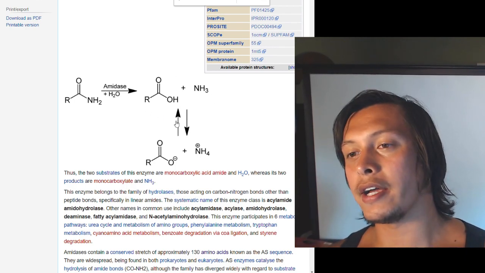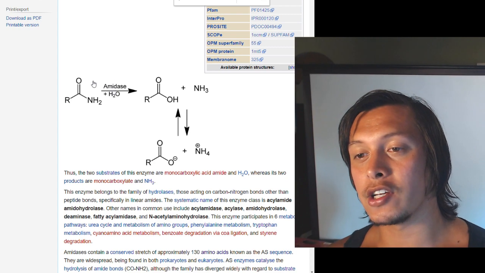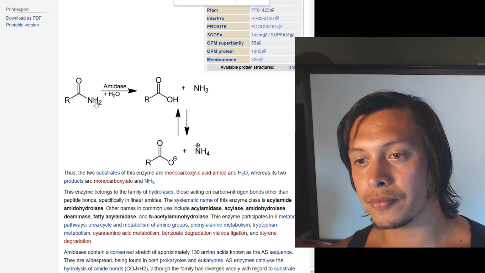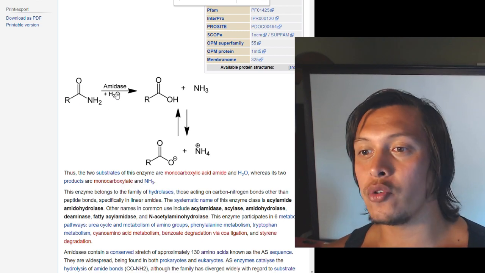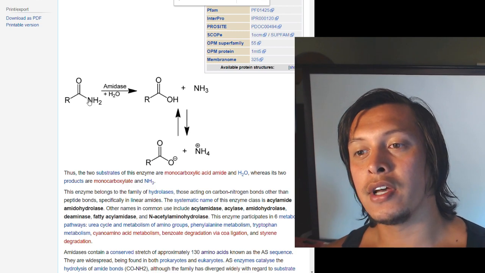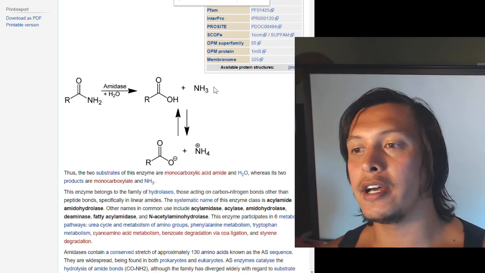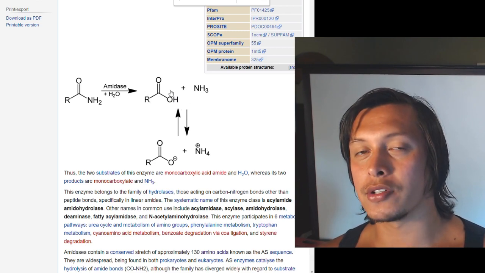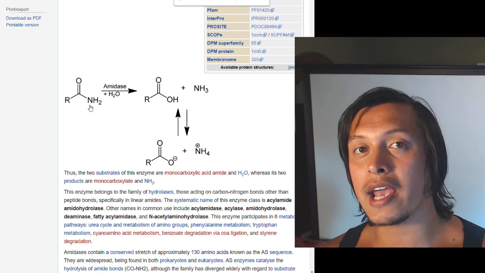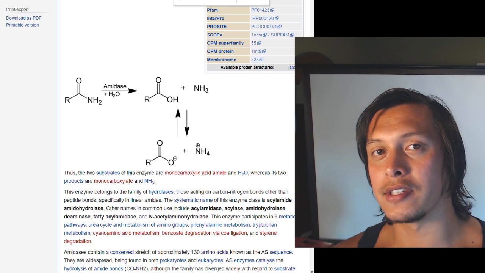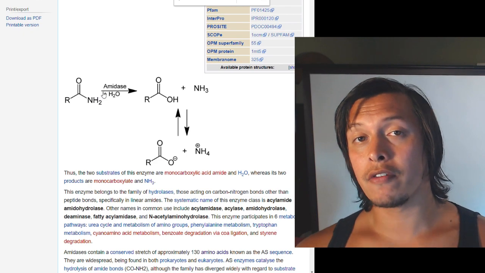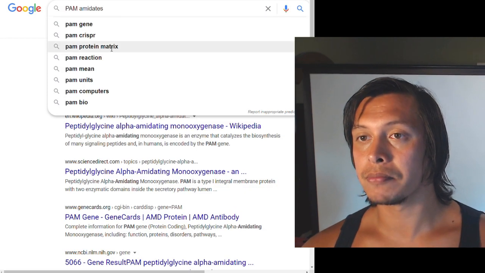What amidases can do is go from an amide, which is this group right here, take water and use that water to remove this NH2 group, and then you get an ammonium, NH3, and you get an acid. But there are some ways to go from the acid into this amide group as well. And this is a type of processing that happens to some peptides to turn them into their bioactive form or more bioactive forms.